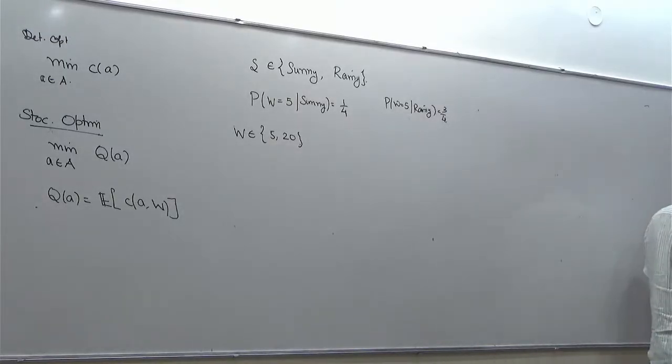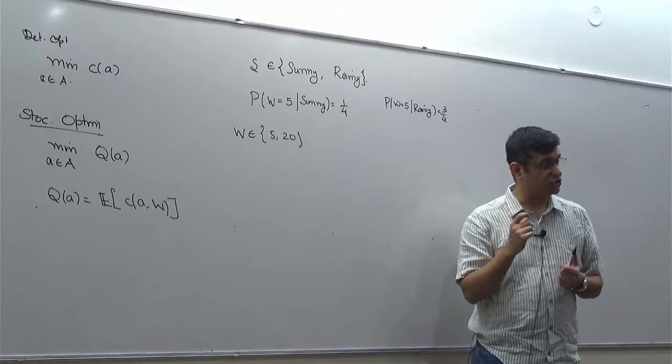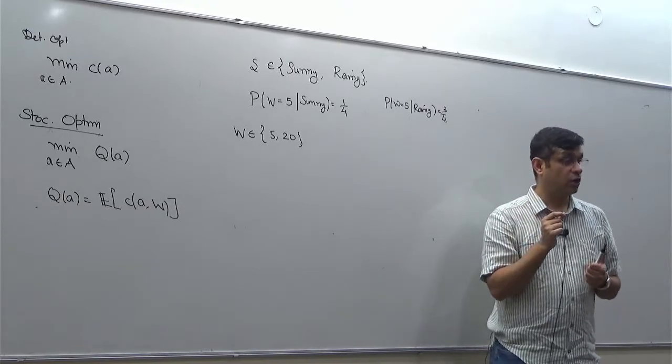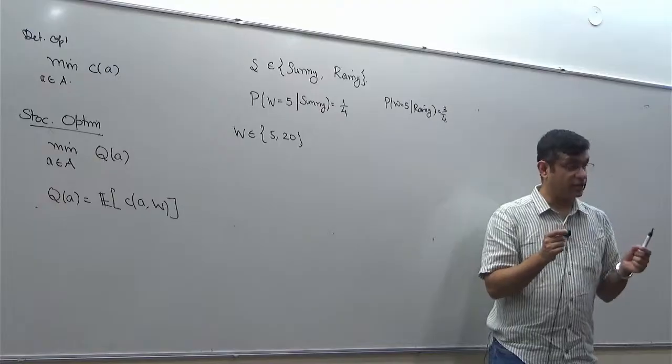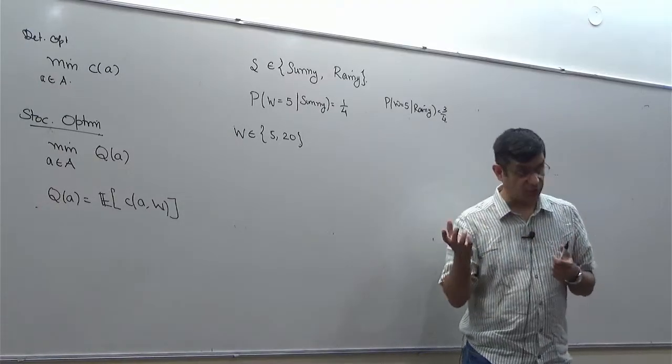So I want to again go back to the decision tree and draw the decision tree corresponding to this. And the key point that I want to keep in mind is that when I'm drawing this decision tree, I will always go in the temporal direction in which the random variables, or all the system variables, are realized.